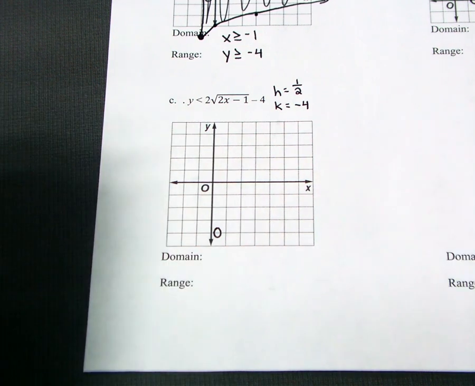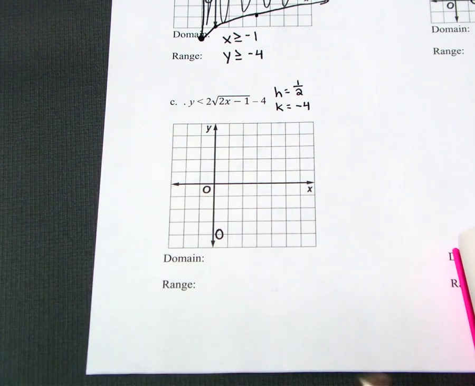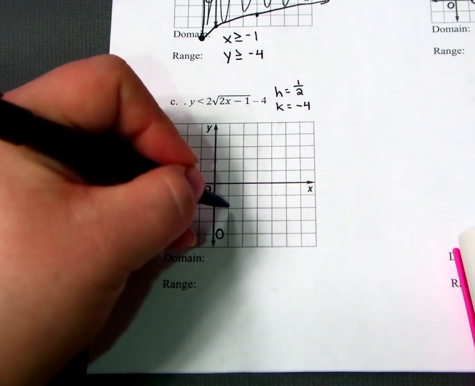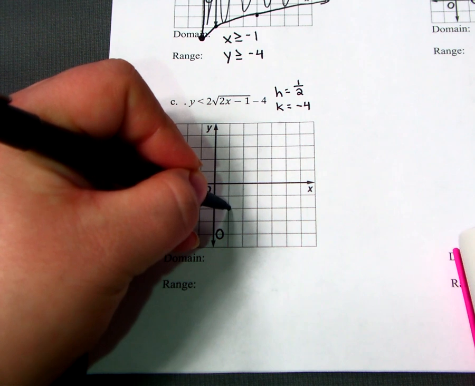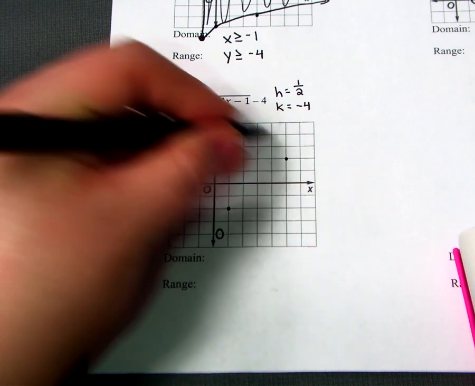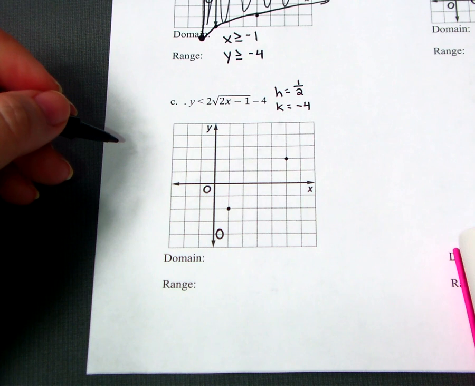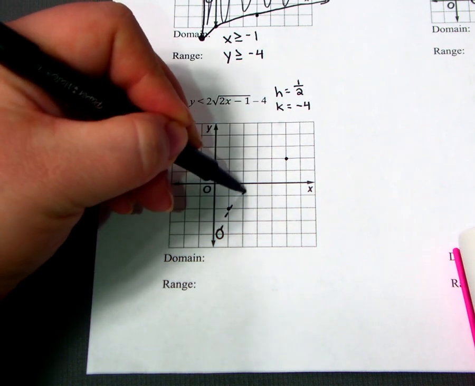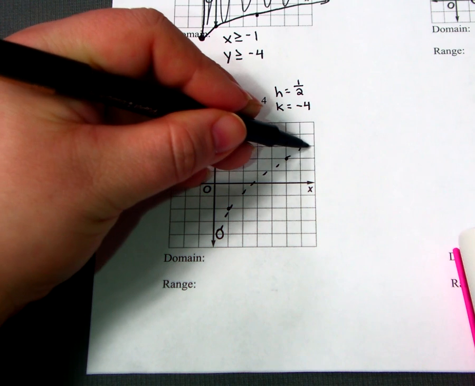And pull some nice points from your table. 1 and -2. 5 and 2. And I can use a dotted line to connect this. Because I'm using an open dot, it's not equal to in the equation.